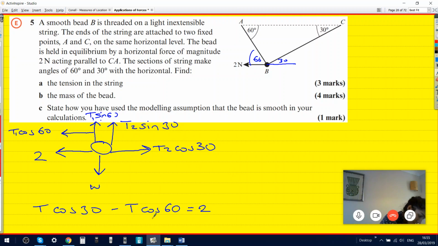Cos 30 is root 3 over 2. So root 3 over 2 T minus half T equals 2.